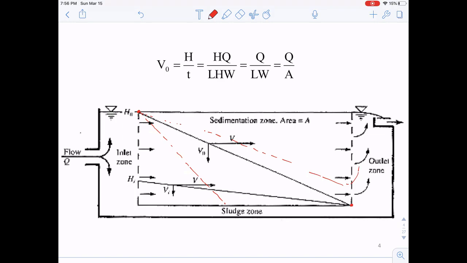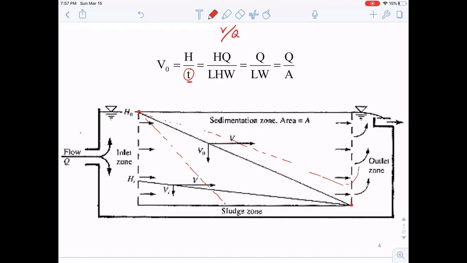According to the geometry of the sedimentation basin, this can be calculated by just the height of this basin, which is H, divided by the retention time, right? So this is going to be the critical vertical velocity that decides whether the particle will or will not be able to settle down in the basin. Then we can further plug in this time here.